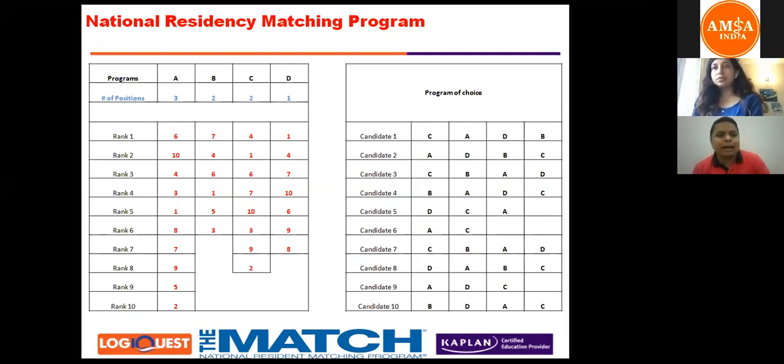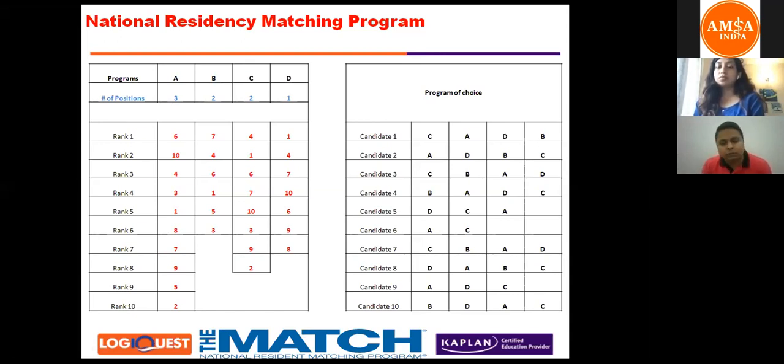What the programs on the left side of the screen have done is rank the students, the candidates or doctors, based on their performance so far, including the interviews. For program A, the best candidate they found at rank number 1 is candidate number 6.